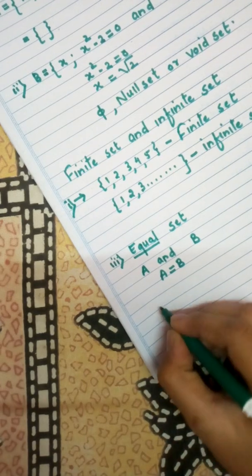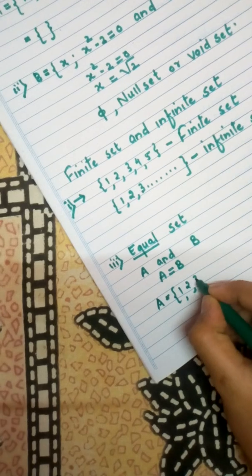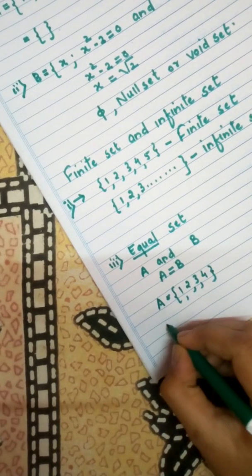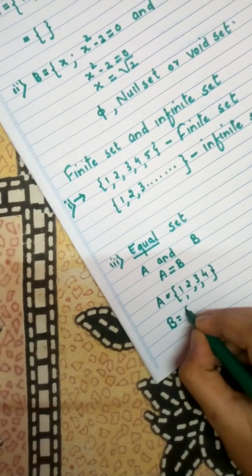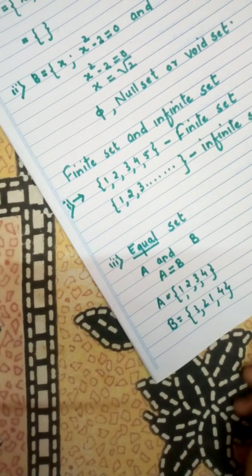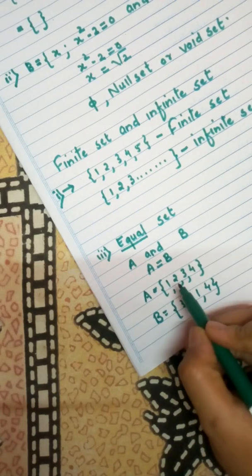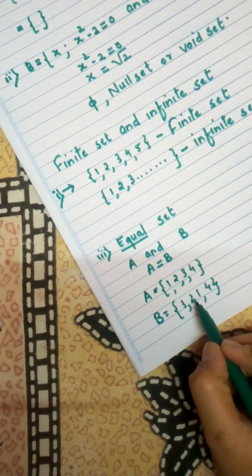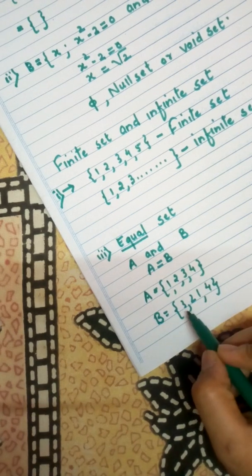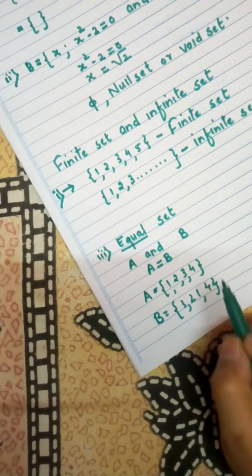That means suppose A equal to {1, 2, 3, 4} and B equal to {3, 2, 1, 4}. In A we have 1, in B also we have 1; here we have 2, here also 2; here we have 3, here also 3; here there is 4, here also 4, and vice versa.